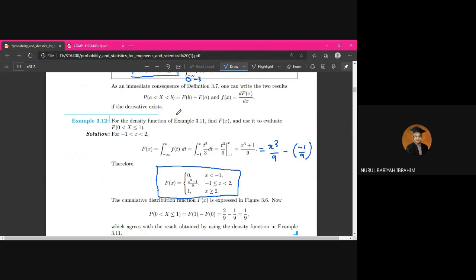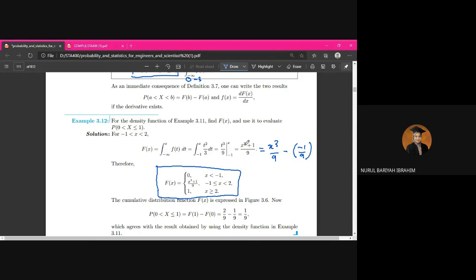Macam sebelum ni pun untuk discrete kan, bila kita ada CDF, kita boleh cari nilai probability gunakan capital F. Okay, so untuk continuous, untuk cari probability of X from A to B, so it will be just FB minus FA. Which mean FB dan FA ni, we just replacekan B and A dalam function capital F. Okay, so kalau B dan A ni adalah unknown lah, 3 ke 2 kan.